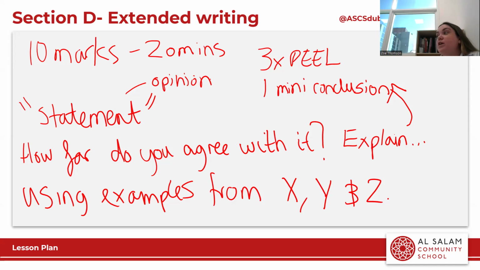So if I said the best fast food restaurant in the world is McDonald's, how far do you agree with this statement? Explain your answer using McDonald's, KFC, and Pizza Hut. Okay? Listen. You would need to make sure that you wrote a PEEL paragraph on McDonald's, a PEEL paragraph on KFC, and a PEEL paragraph on Pizza Hut.